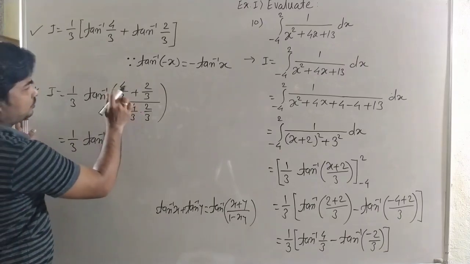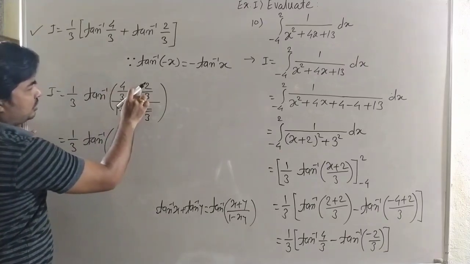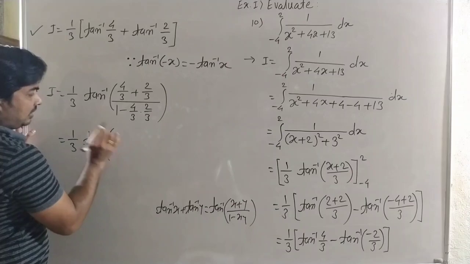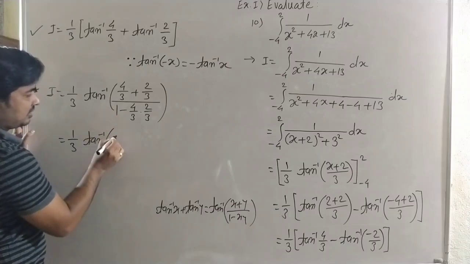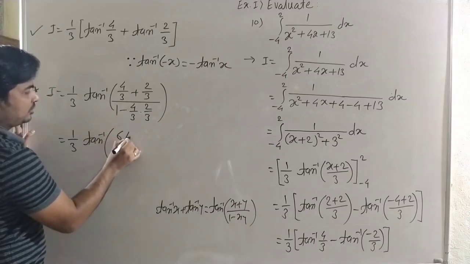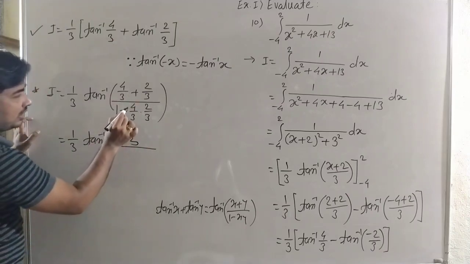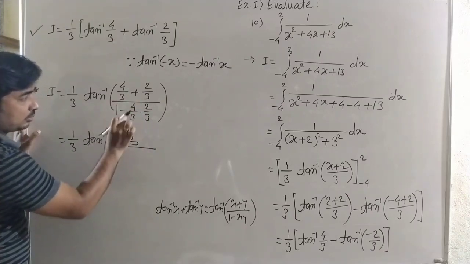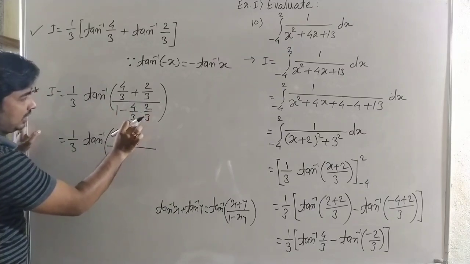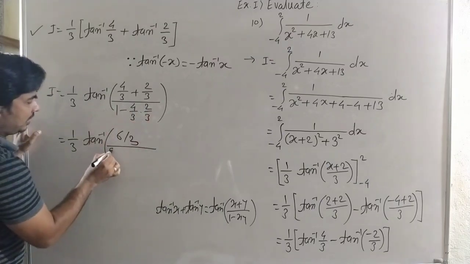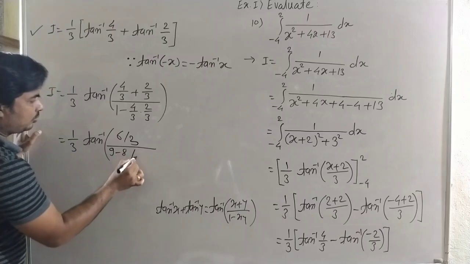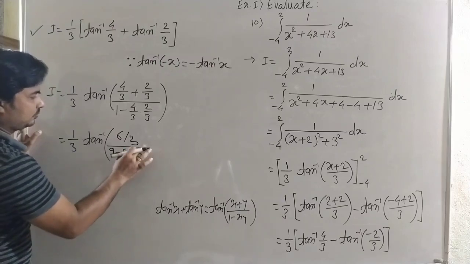Then calculate: 4 plus 2, 6 upon 3, in the numerator that means 2. And here 8 upon 9, see carefully, then 9 minus 8 upon 9.